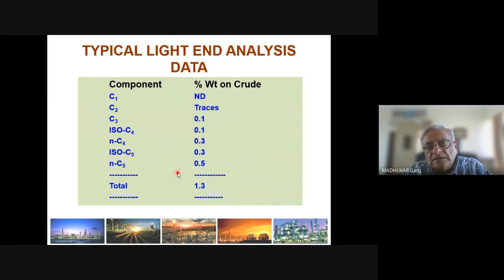In future lectures, as we discuss atmospheric and vacuum distillation columns and units, this information is very critical to design those units, because we need to know how much LPG this crude contains. The data is reported as shown here in terms of C1, C2, C3 content, and the iso C4, normal C4, iso C5 and C5, etc. Not beyond C5.